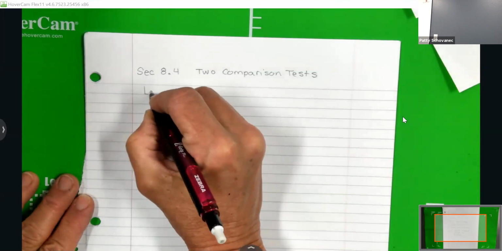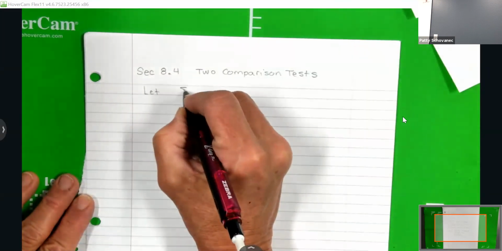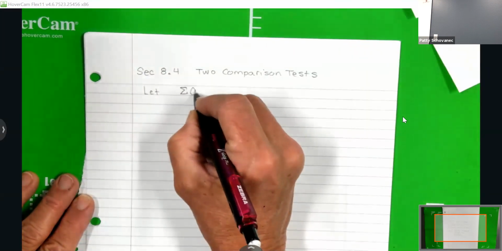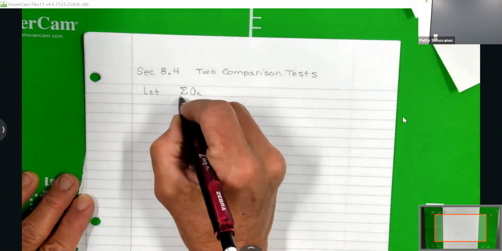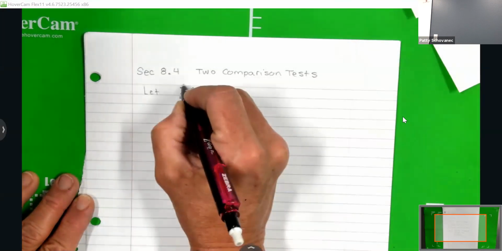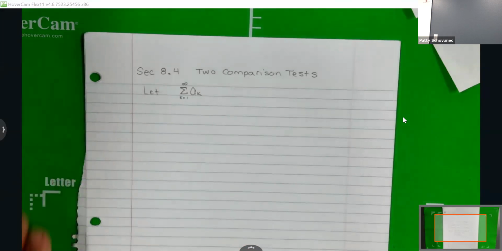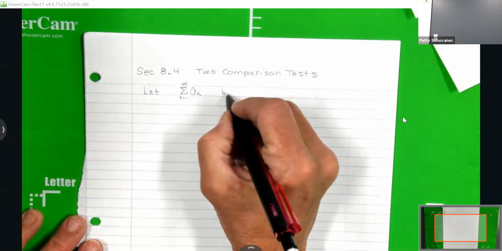So I'm going to call all the terms that we're dealing with the a_k's, and I like using a k as my subscript. Let the series a_k, whether k starts at 1 or 0 doesn't matter, be an infinite series of positive terms.